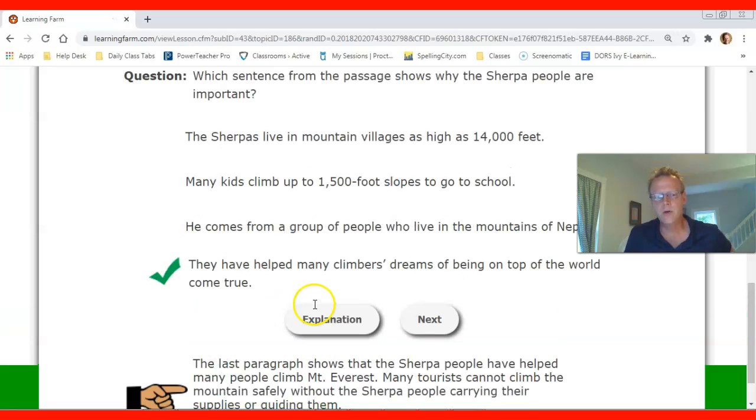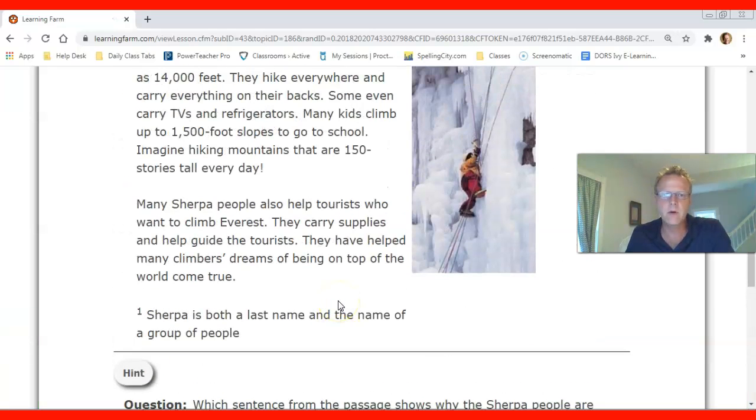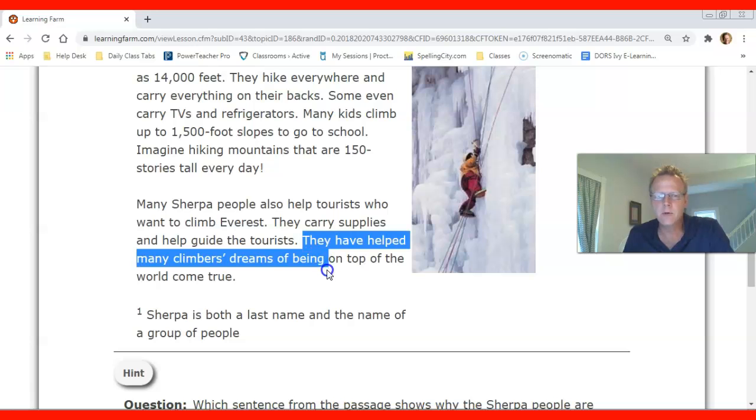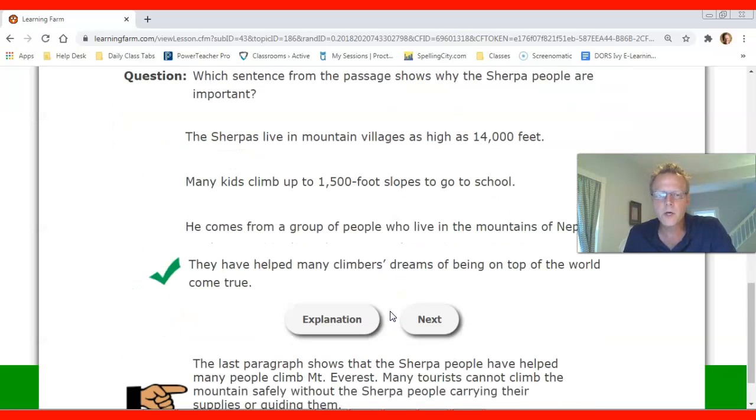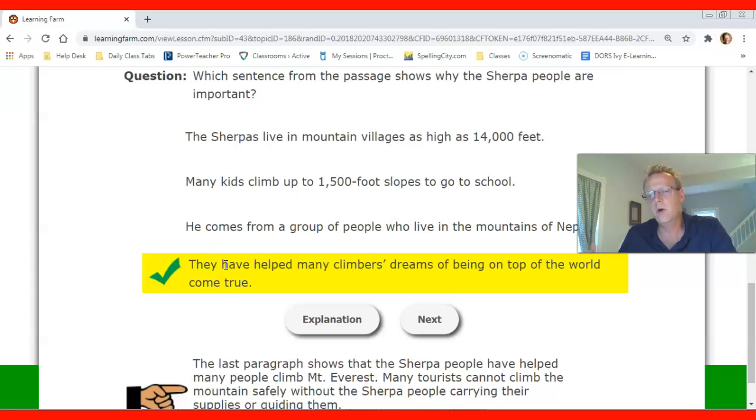So you'll notice in the last paragraph, which by the way, the conclusion is also a pretty important place to look for the main idea, it says right here, they have helped many climbers' dreams of being on top of the world come true. That's the big point of the article. So it's the only one that works really well to answer the question.